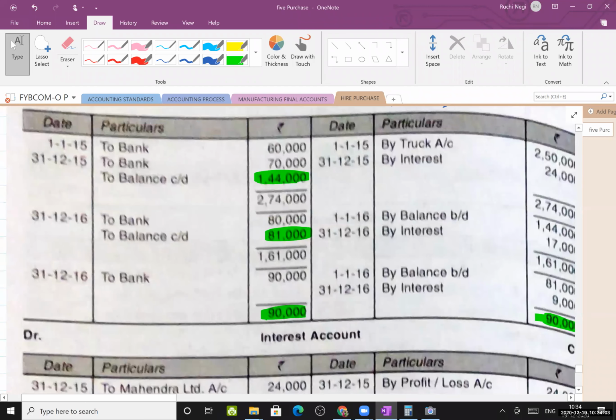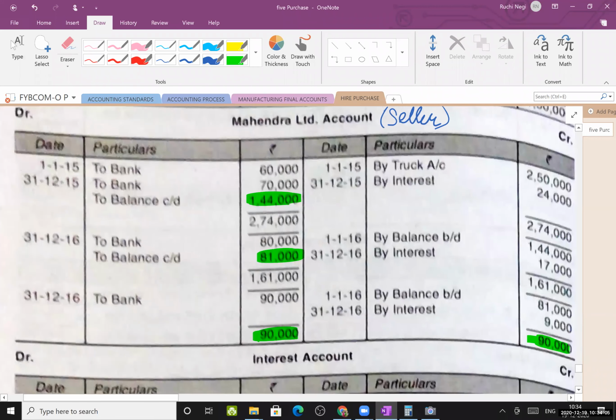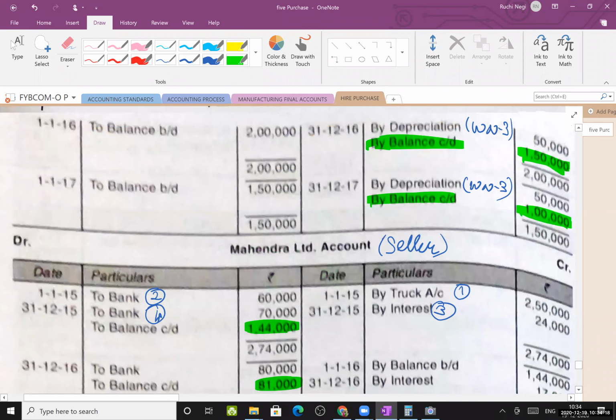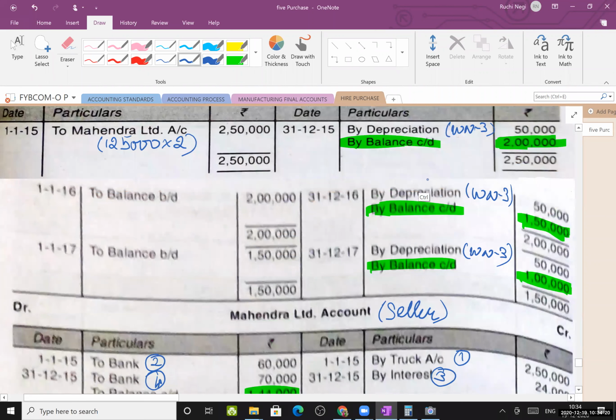Okay, pass your respective journal entries. ये कौन सी journal entry है? ये journal entry number 1 है. ये कौन सी है? Journal entry number 2, journal entry number 3, interest, journal entry number 4, bank वाला, journal entry number 5, depreciation.